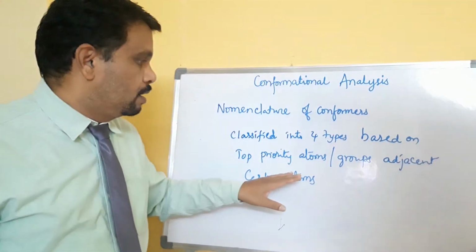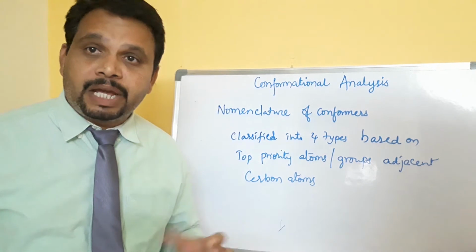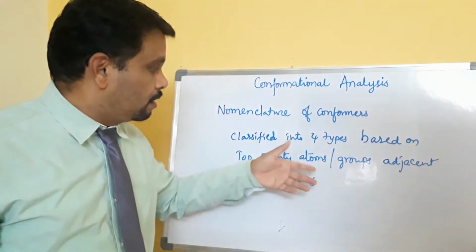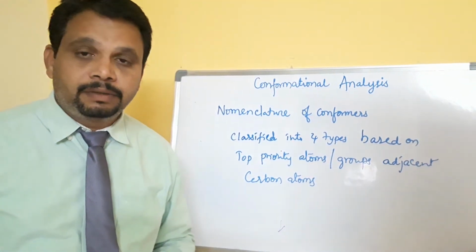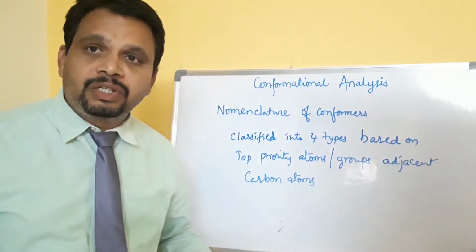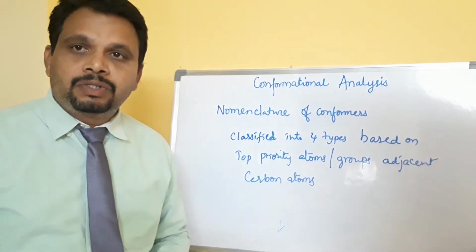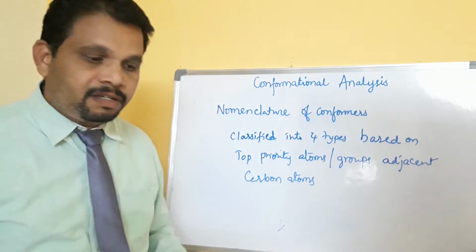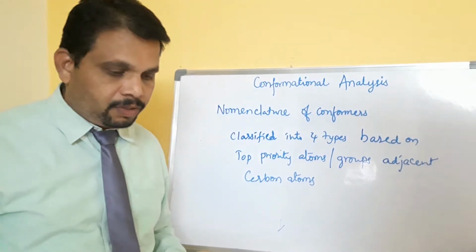You already know how to give priority to atoms or groups, right? So the same thing you need to apply to name these kinds of conformers.